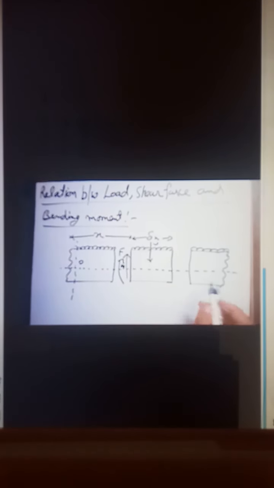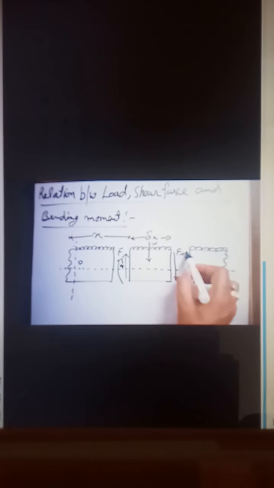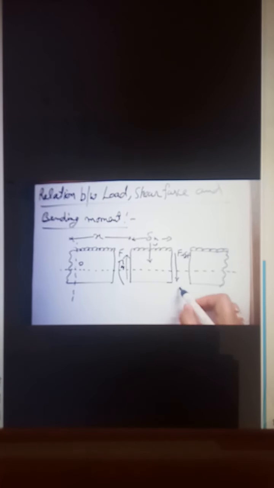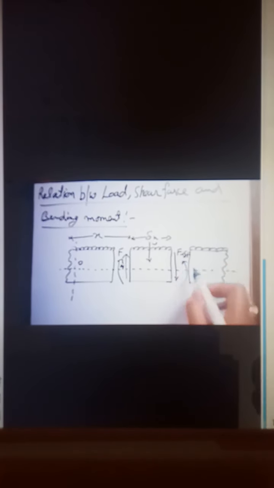We may represent it by M, and the shear force at this section is F plus delta F, and the moment is also M plus delta M. Now I think it is clear what exactly W is. W represents the mean rate of loading of the length delta x. F is the shear force.